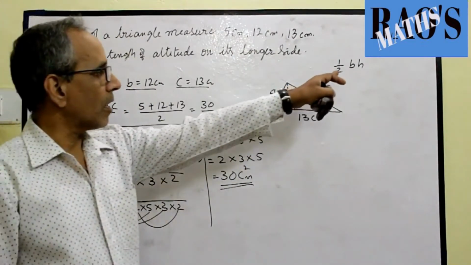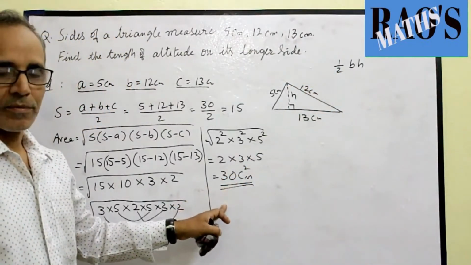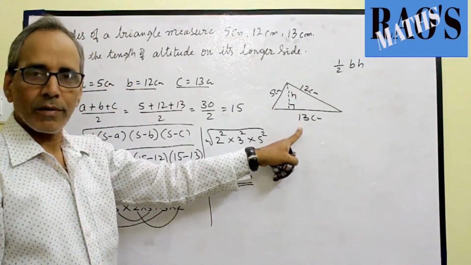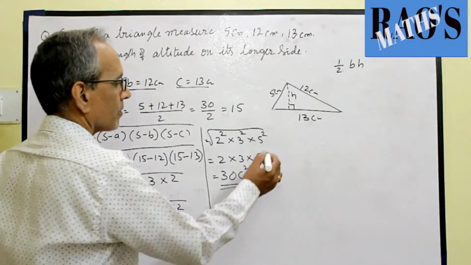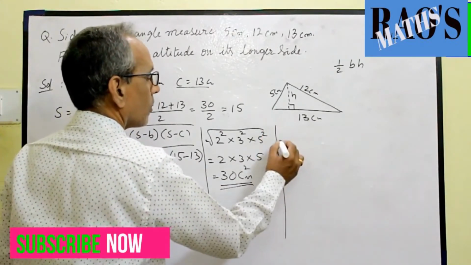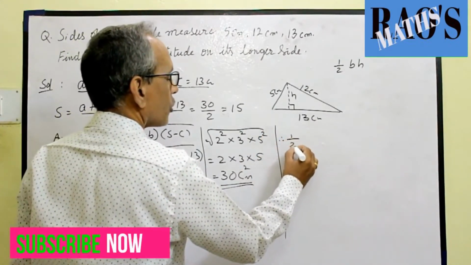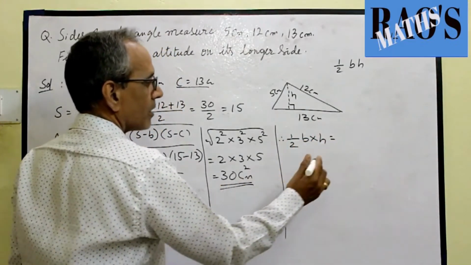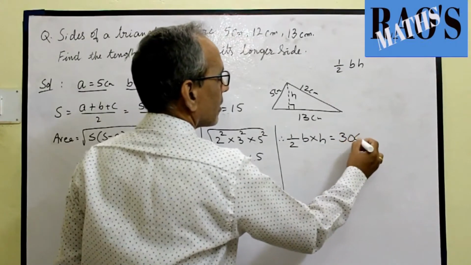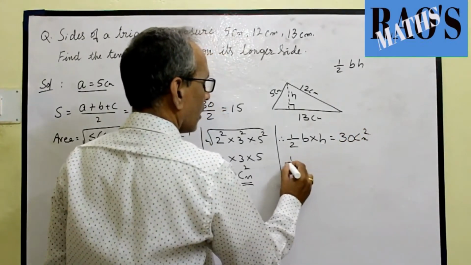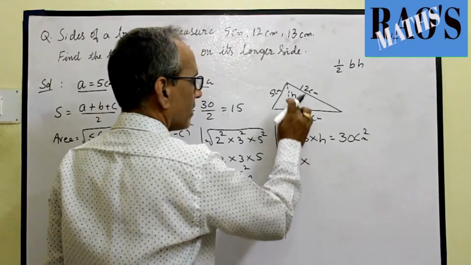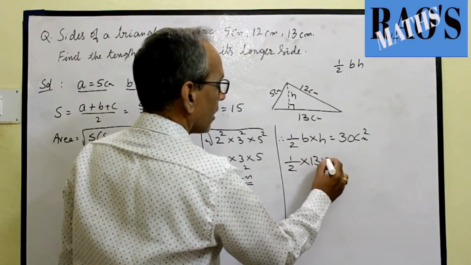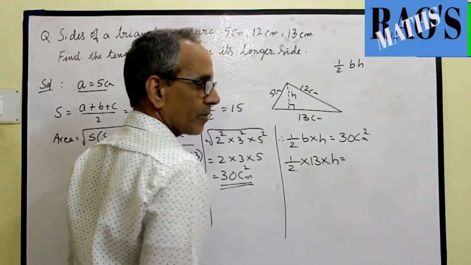So this half BH is equal to that area. We have the base of the triangle from the diagram, 13. So we can find H. Therefore, half into base into height is equal to what we got just now, that is 30 centimeter square. Now half into the base, in the present case 13, and the altitude H to be found out, equals 30.